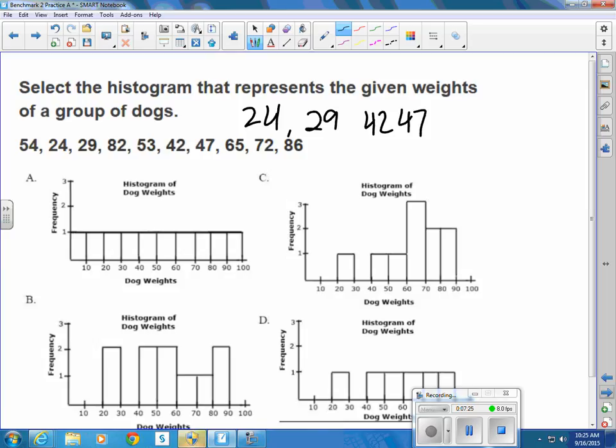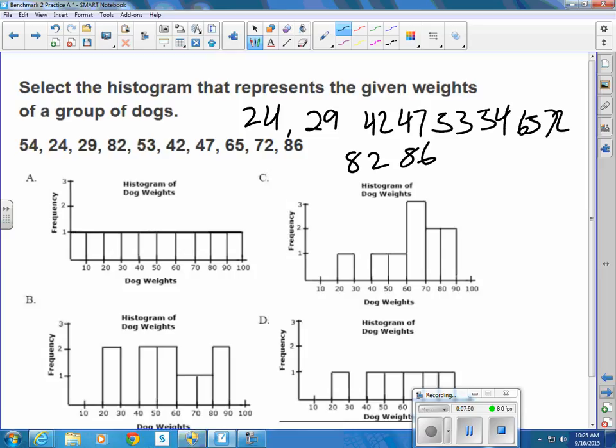There's a 53 and a 54. There's a 65 and a 72. And there is an 82 and an 86. So that's 1, 2, 3, 4, 5, 6, 7, 8, 9, 10.